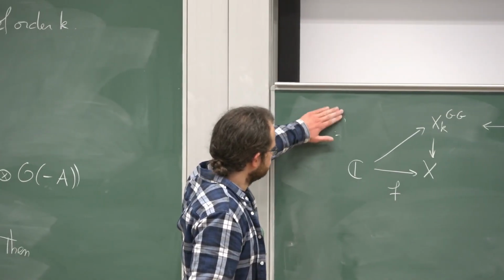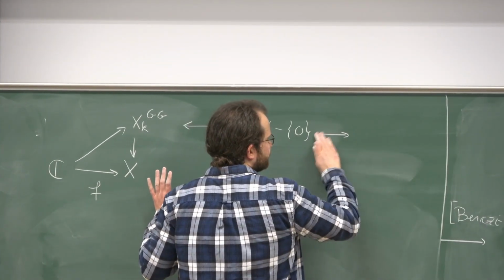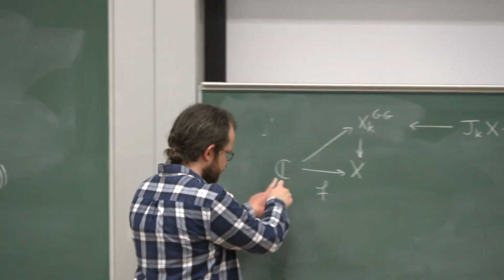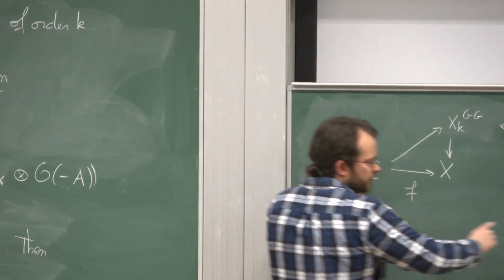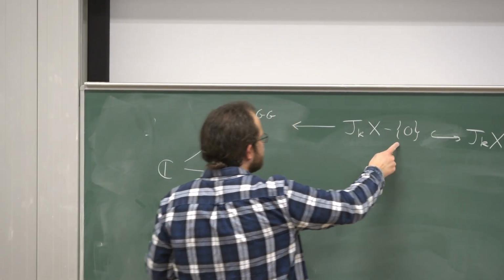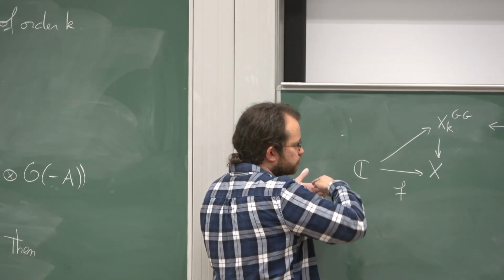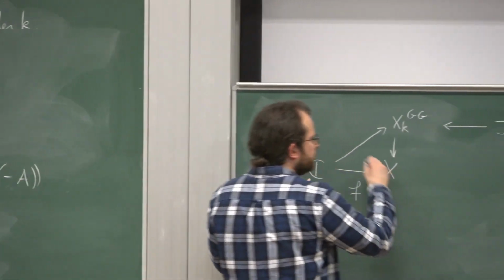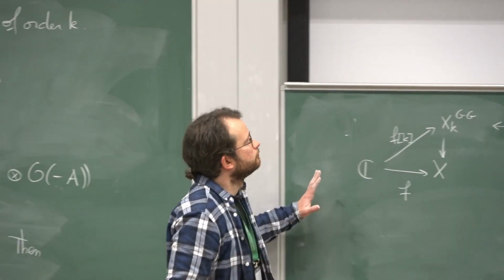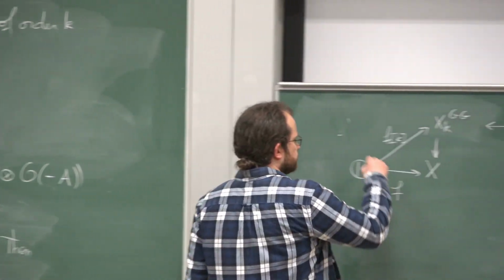I will write maybe a little bit complicated diagram, sorry. But what you can certainly do is to lift the map from C to X to J_k X, and then outside of the set where the jet vanishes, you get a well-defined map towards that space, and so you can complete the map at the point where the jet vanishes to get a well-defined lift, which I will call F_k. Maybe it's changing a little bit the notation I used before. Okay, so you get such a lift.